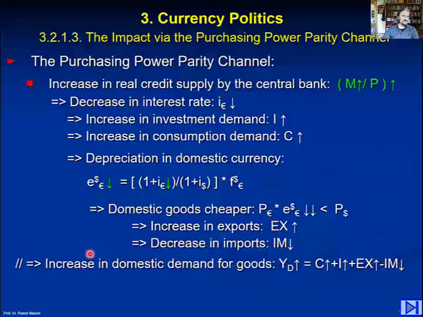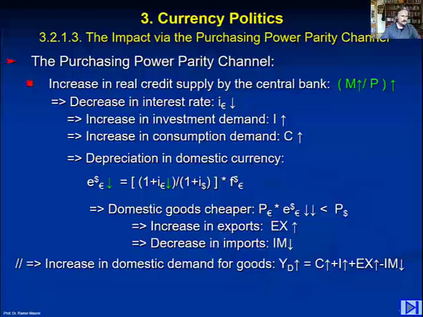So we have an increase in the domestic demand for goods because all three components of the domestic demand for goods get larger: the consumption component, the investment component, plus the net export component. In other words, this type of expansionary monetary policy causes a demand side boom.